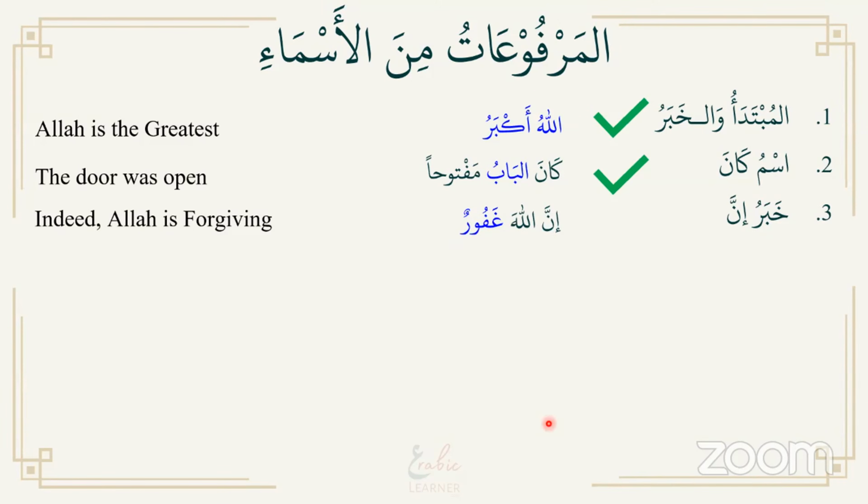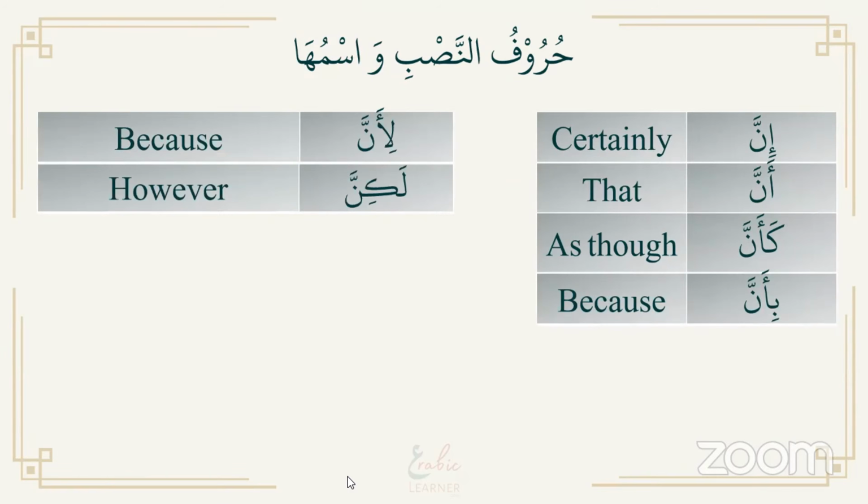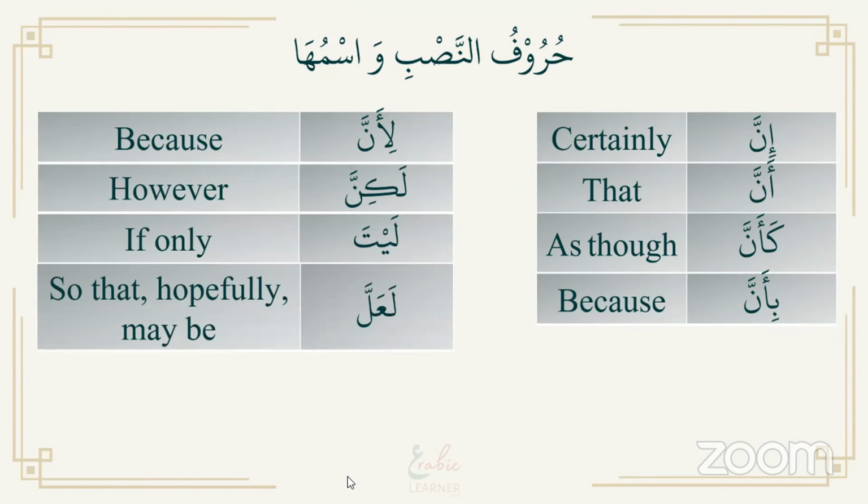Inna is from which huruf? It is from hurufun nasb, hurufun nasbi wal ismuha. What are those hurufun nasb? Inna, anna, ka'anna, bi'anna, li'anna, lakinna, layta, la'alla. You learned this in earlier classes, you learned this already.